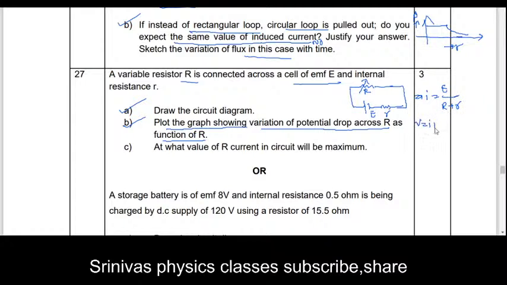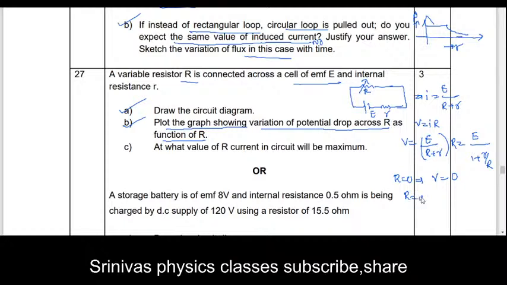The potential formula is V equal to IR. So V is equal to E by (R plus r), into R. We get V as E by 1 plus small r by capital R. Take capital R as 0: then small r by 0 is infinite, the denominator is infinite, so the voltage you get is 0.